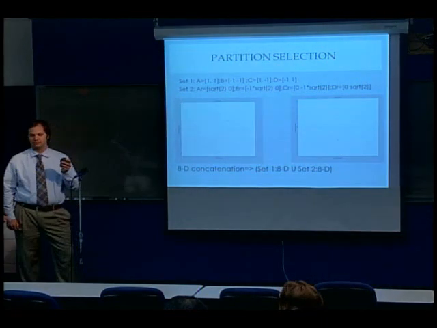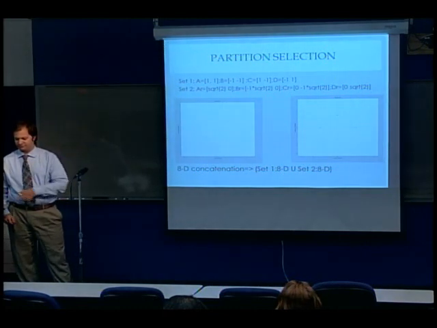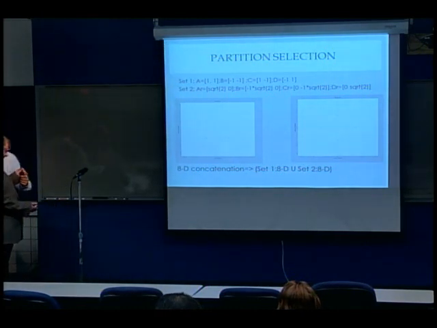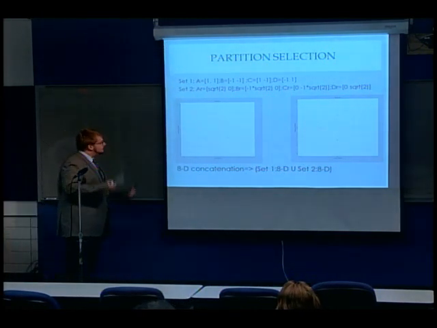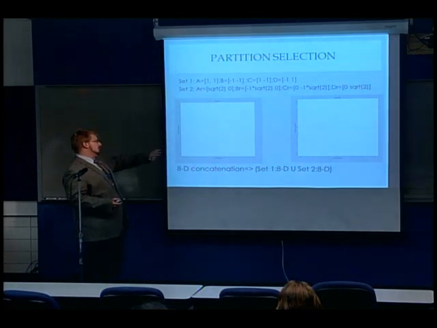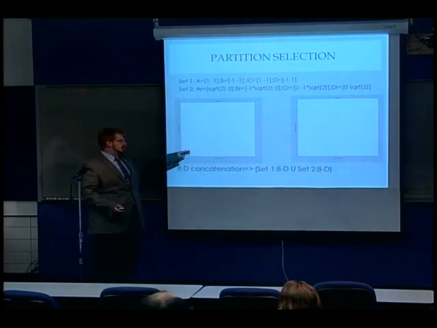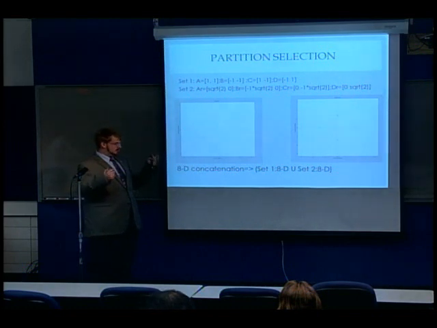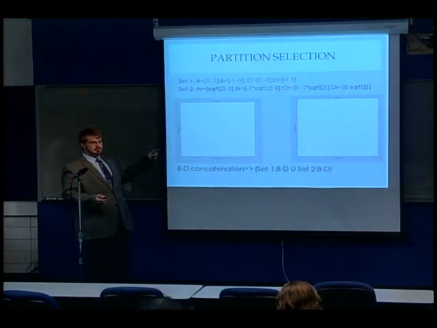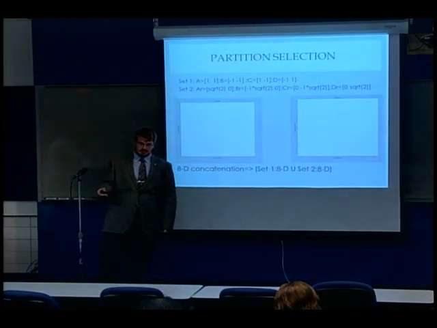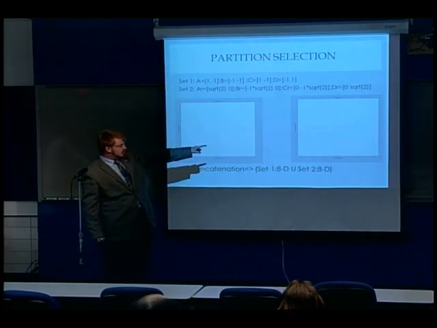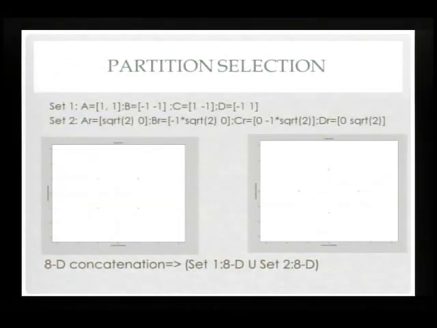And here Michael's going to explain partition selection. Yeah. So pretty much what we did is the first set is a regular Q squared PSK. We're going to take a rotation of that, and then for each of the sets we're going to use the Cartesian product.